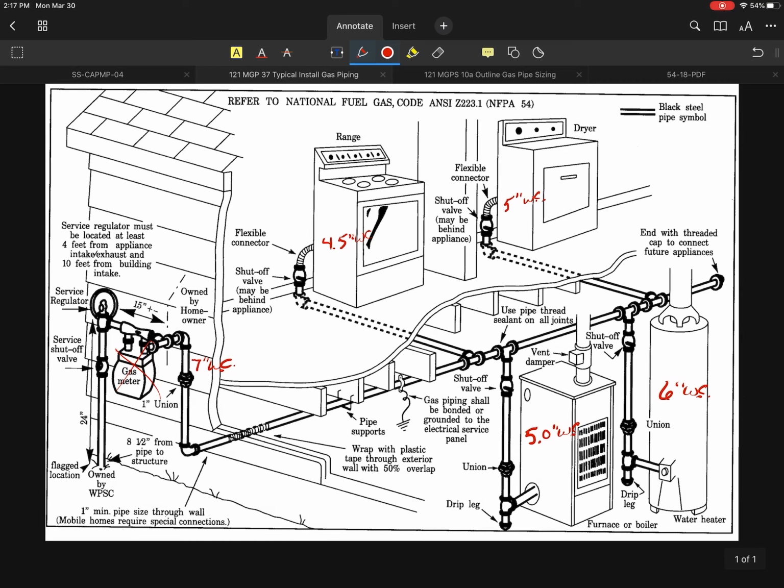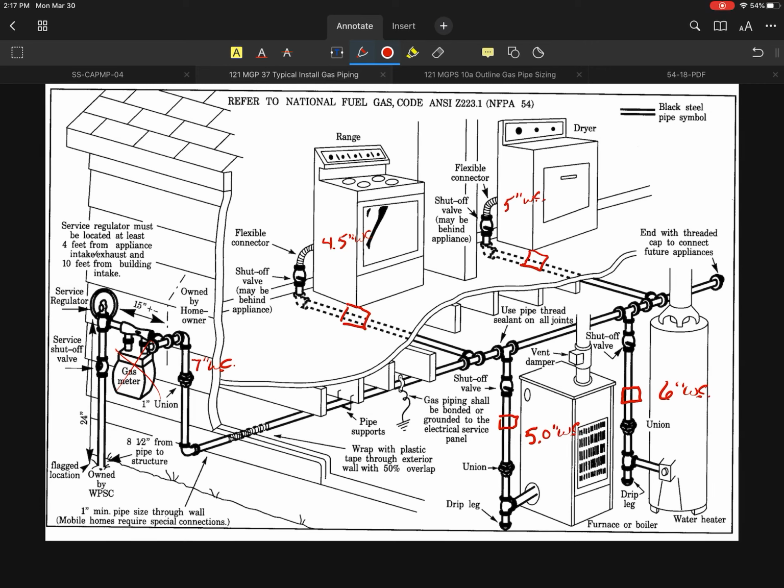The other thing would be, for example, if I were to install a regulator, or let's say in a 2 psi system, I would have a regulator at every one of these appliances that feeds these appliances, similar to what we're going to do in our lab.